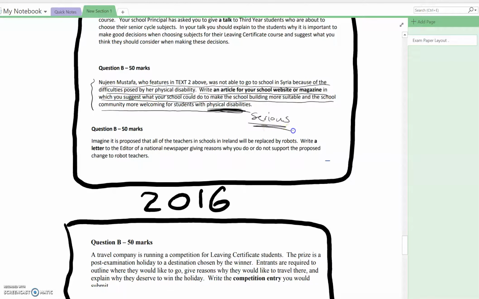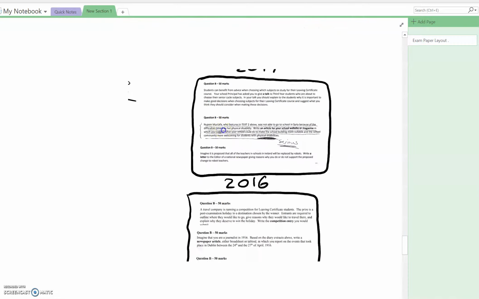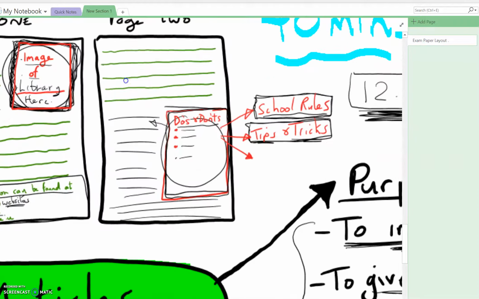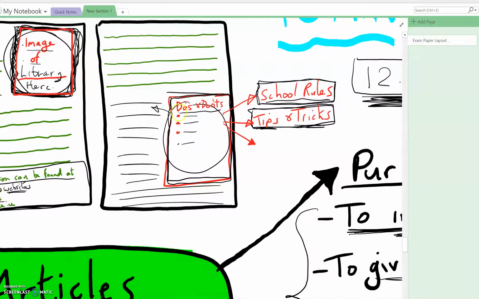You know, it's not to be trifled with. People with physical difficulties want answers. And that brings me back then to our little format thing that we were talking about. In the do's and don'ts here, you could put in little advice for schools in how best to cater for people with physical difficulties. You could talk about it in your article, but then you narrow it down in this little box here, you know.